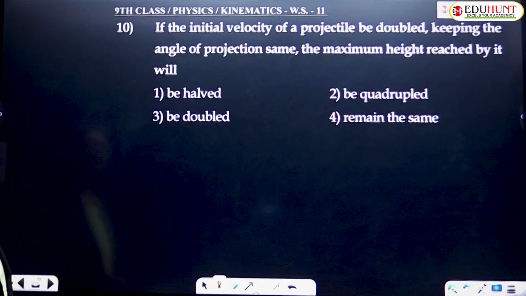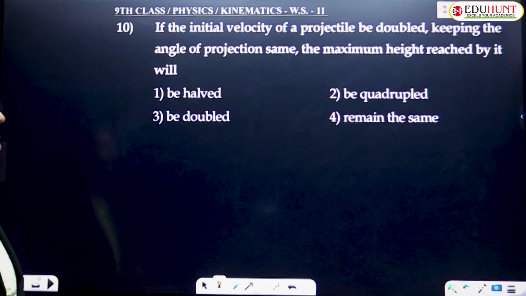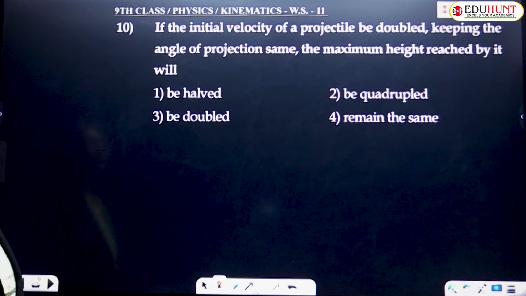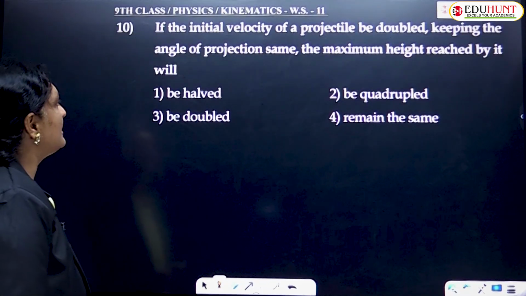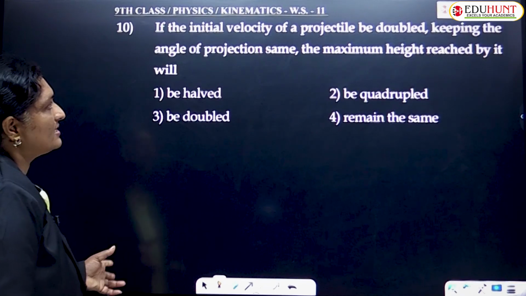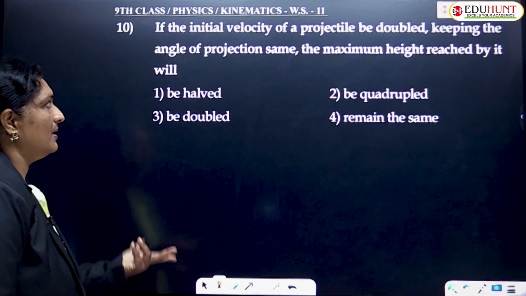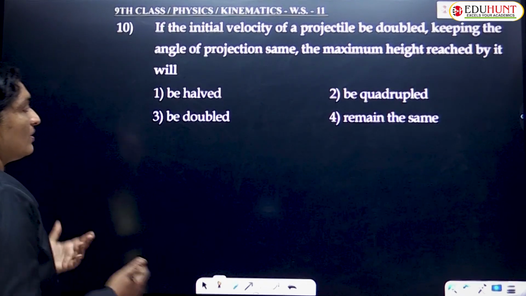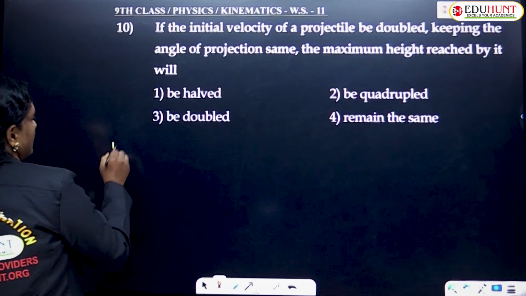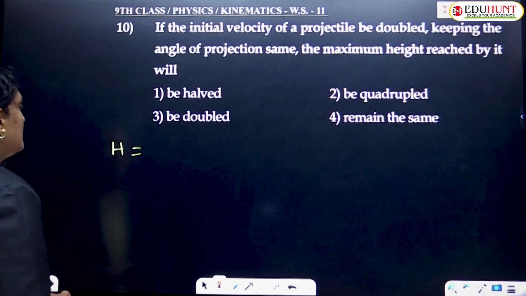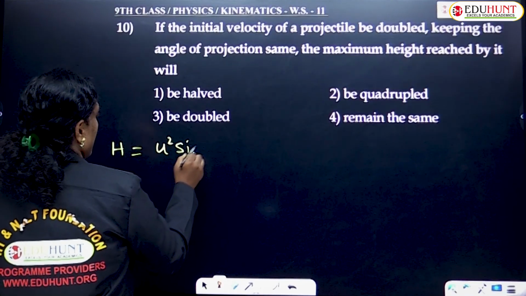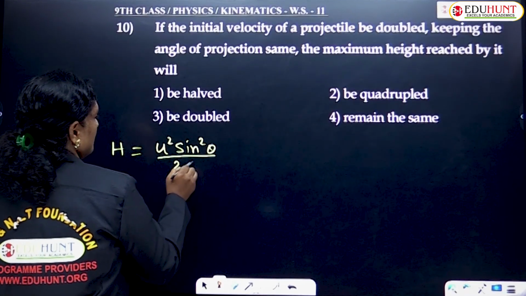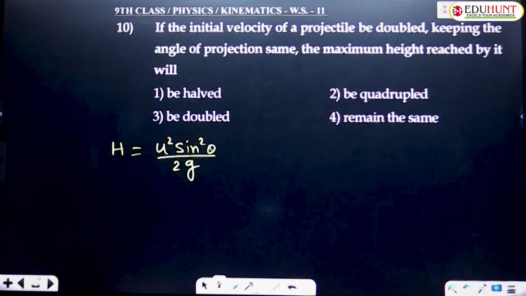Okay, next question. If the initial velocity of a projectile is doubled, keeping the angle of projection the same, the maximum height reached by it will be? Velocity is doubled. What is the relation between maximum height and velocity, children? H is equal to u square sine square theta by 2g. Hope you remember the formula for h.